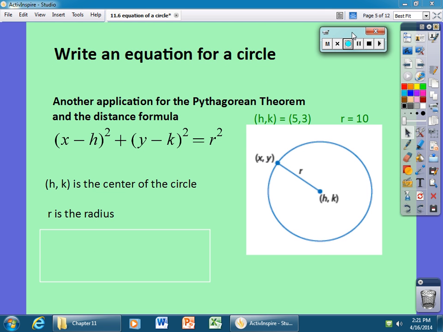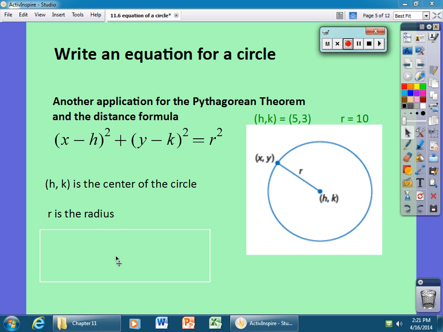Alright, so let's look at an actual example. Remember that we said the letters H and K stand for the x and y of the center of the circle, and x and y can be any point on the circle. R stands for the radius. So here H, K is the center of the circle at 5, 3. The radius of this circle is 10.